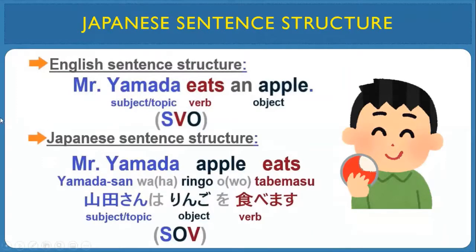In English, if we have to say Mr. Yamada eats an apple, Mr. Yamada is the subject, eats is the verb and apple is the object. So subject, verb, and object.